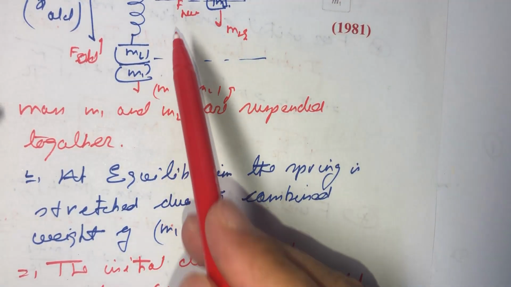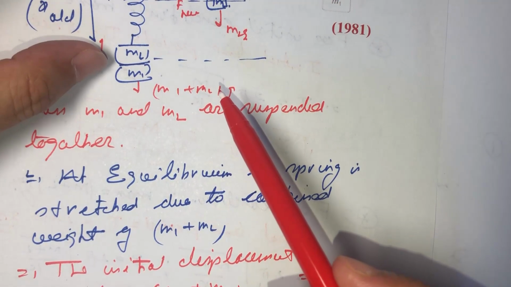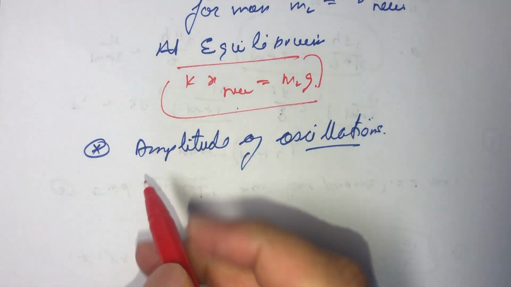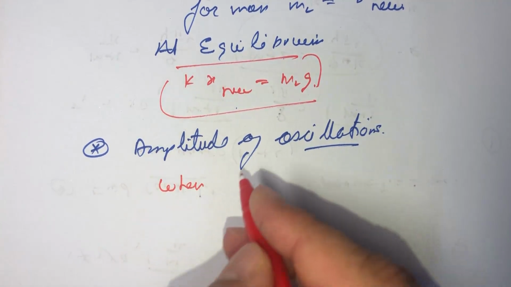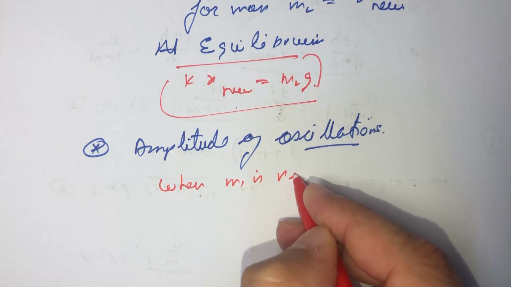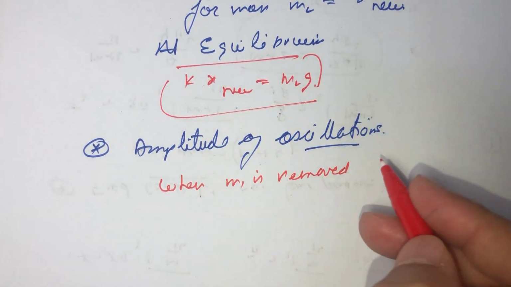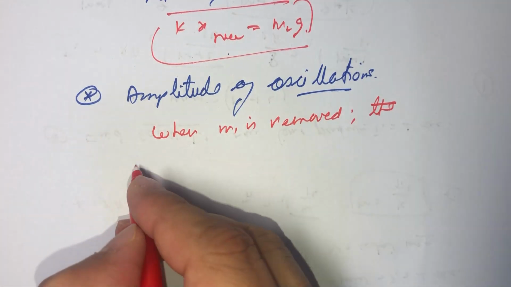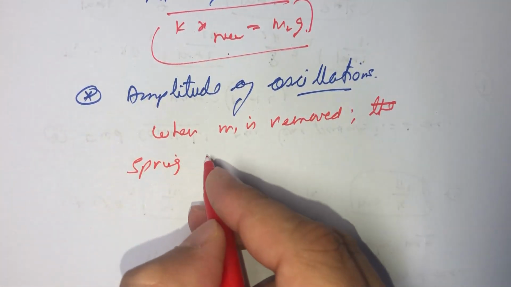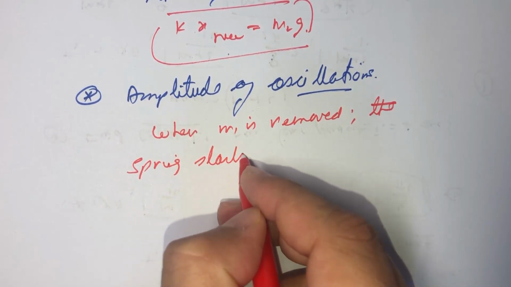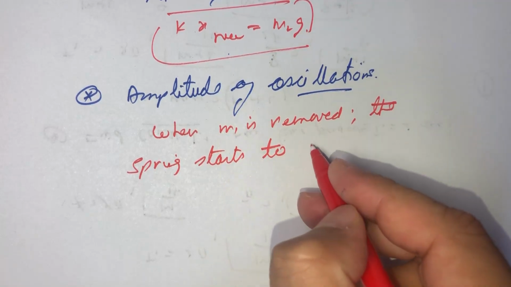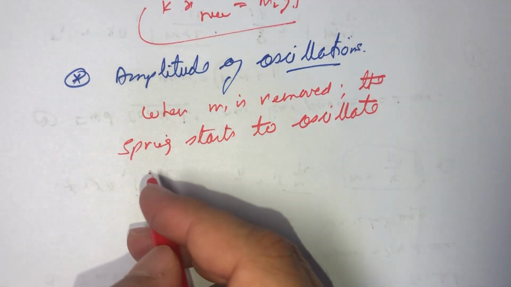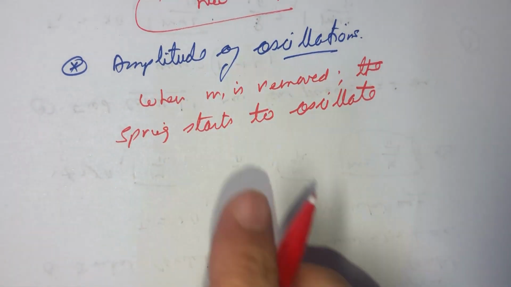So the amplitude of oscillation will be equal to x old minus x new. When m1 is removed, the spring starts to oscillate about its initial equilibrium position.